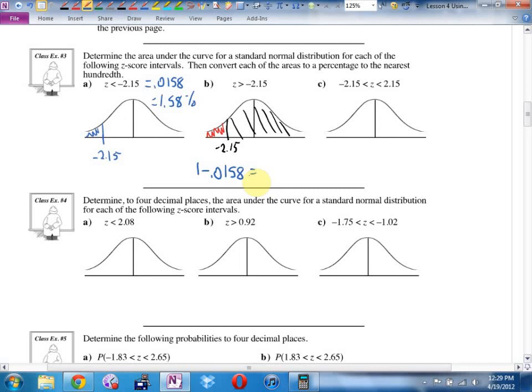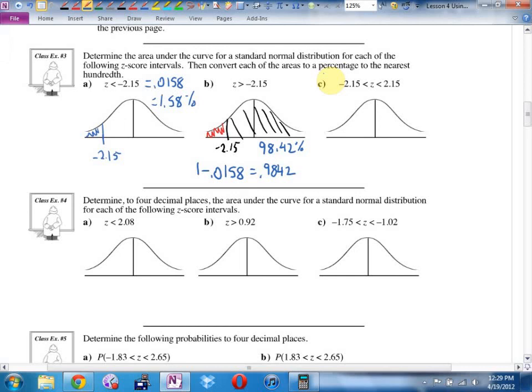What is it? 0.9842 or 98.42%. This question said then convert each of the areas to a percentage, so okay, I'll follow the instructions.